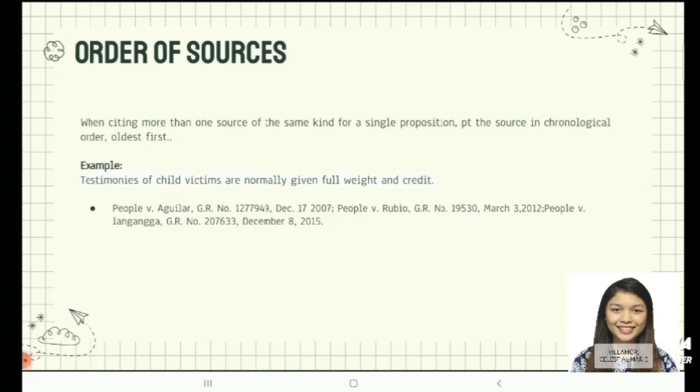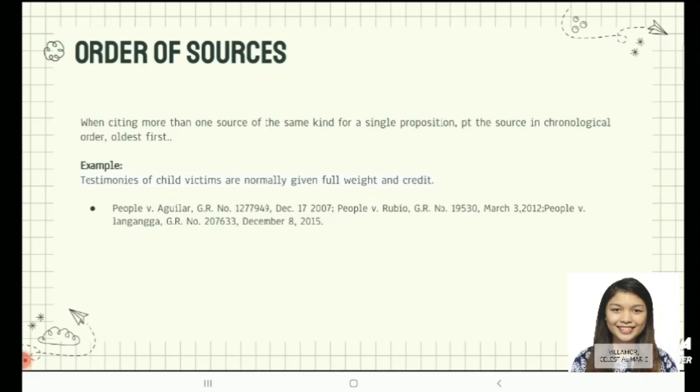We also have, when citing legislation and case law in the same footnote, put legislation before cases. When citing primary and secondary sources in the same footnote, put primary sources before secondary.